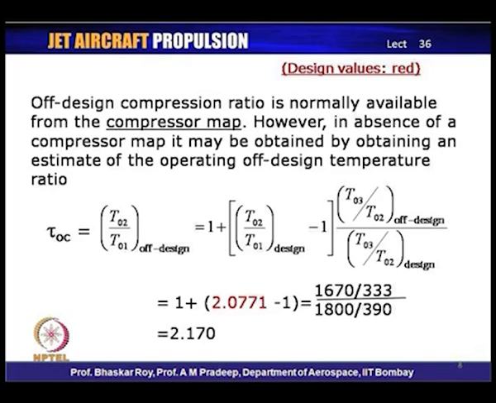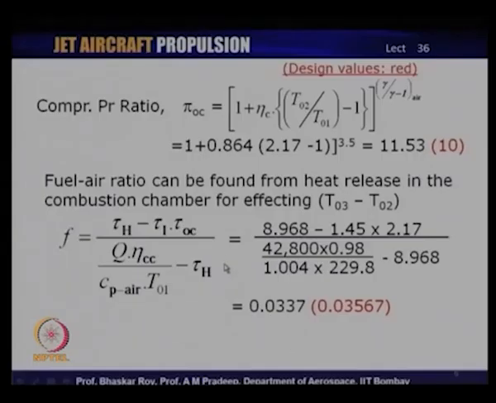Now, contrast that to the design point temperature ratio, which was 2.077, and we can see that the temperature ratio at off design condition is indeed more than the design point temperature ratio. This means that the pressure ratio across the compressor would indeed also be more than the design point pressure ratio, which was prescribed as 10.